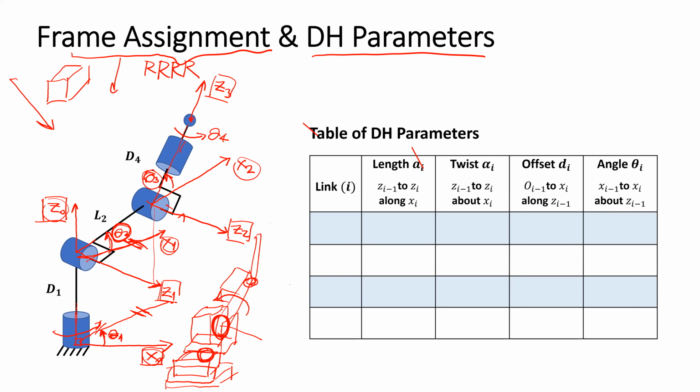And theta 3 will create this angle, but this angle is the angle between x2 and c3, not x3. C3 is the rotational axis of the last revolute joint.